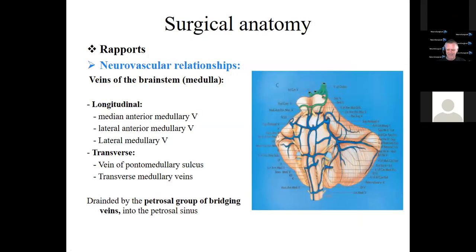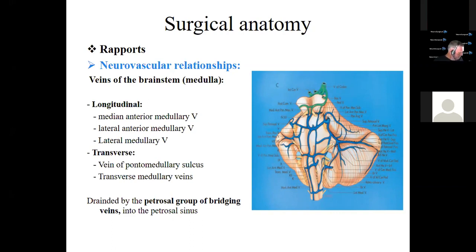As other neurovascular structures in relationship with the medulla, we have the veins of the brainstem, which are divided into longitudinal veins, comprising the median anterior medullary vein, the lateral anterior medullary vein, and the lateral medullary vein. We have transverse veins, comprising the vein of the pontomedullary sulcus and the transverse medullary veins.